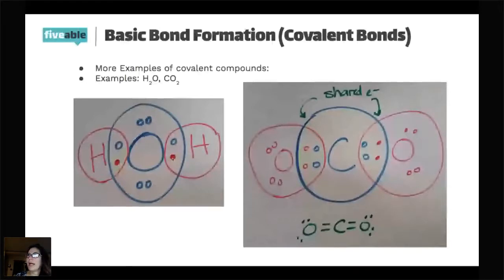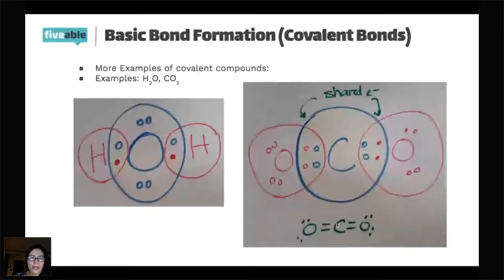And here we have carbon dioxide, in which every carbon and oxygen atom share 4 electrons, right? So we have 2 pairs here of electrons being shared, and on here we have another.